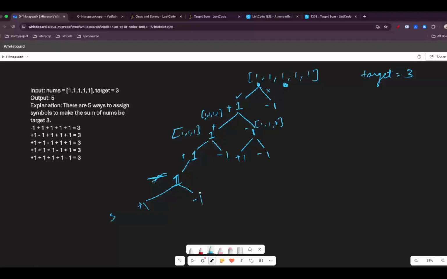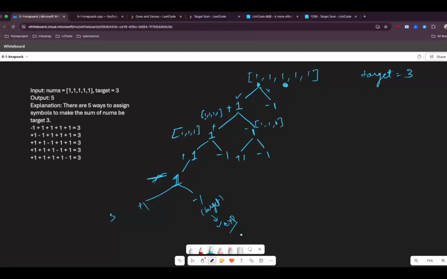There could be a possibility when we are not choosing the other path, that is when we are subtracting, that we reach the target. If it reaches that target, we got our first expression, so we need to add that up.